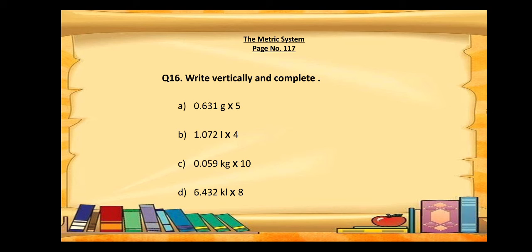Remember, when we are multiplying the decimal numbers by the whole numbers, we have to consider the decimal number as the whole number and we have to multiply as the simple multiplication. So I hope you will enjoy doing these questions.